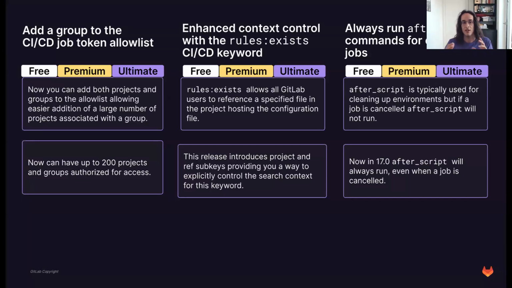It's really complex. Just wanted to call out, if you ever use this keyword, you might have run into this problem regarding how this keyword got interpreted by the runner, depending on where you use it. Now you can be more explicit, with less confusion and fewer bugs to troubleshoot in your pipelines.